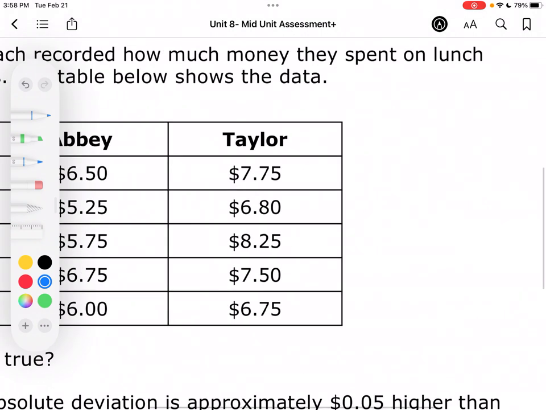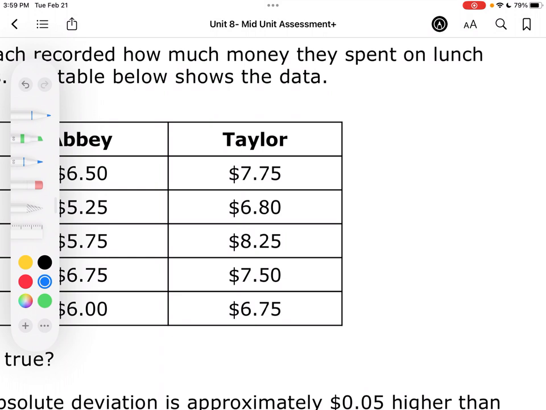Okay, so now I'm going to check the other side. So 775 plus 680 plus 825 plus 750 plus 675.